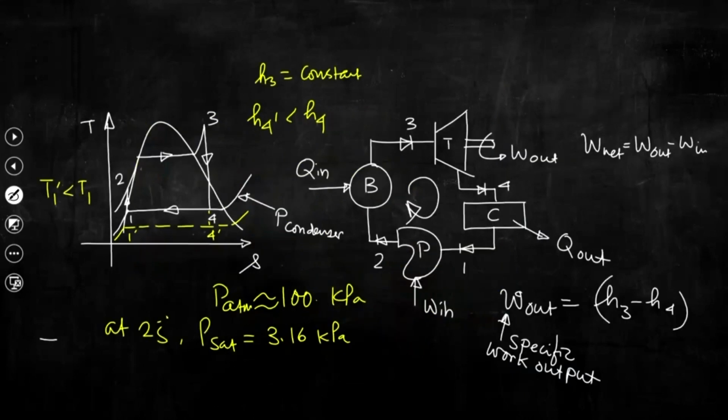So, what we can understand from this schematic depiction is that in the condenser, steam will be condensed into saturated liquid, and that means the flowing stream will release heat, and for that we need to have one cooling medium.